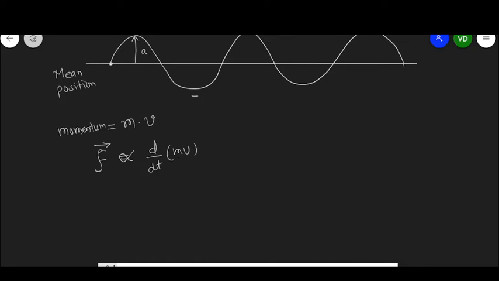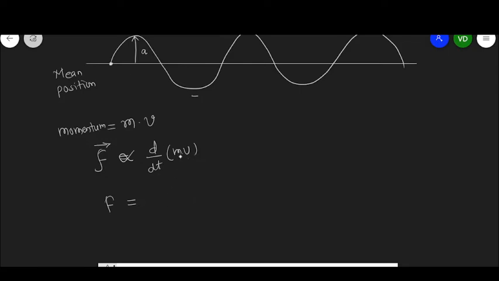So normally what we do is we just say that the force defined by Newton's second law of motion is F equal to ma, but that is a particular case, not general, where the mass is not changing much. So let us consider the proportionality constant as 1, and then you find the derivative.